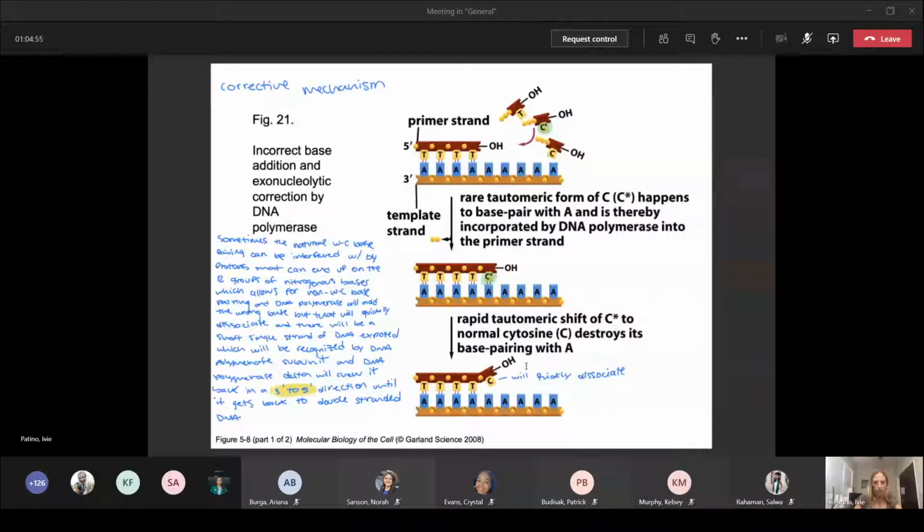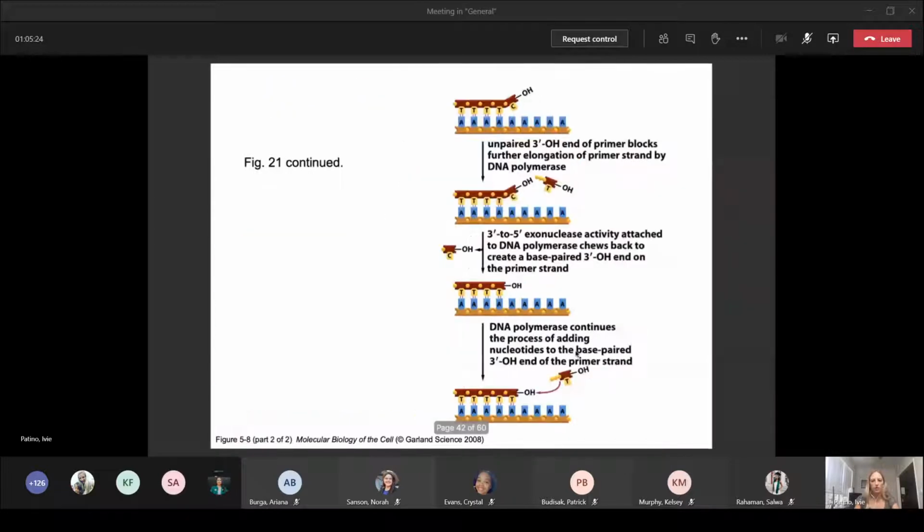So if we're going to go back and cut it out, it's going to proceed from 3' to the 5', so opposite of the way we synthesize. So it's going to chew that back from 3' to 5' until it gets back to double-stranded DNA. Once it gets back to double-stranded DNA, it's like, okay, I excised what needed to be excised. The rest is good. And now we can continue on with our normal synthesis or replication.